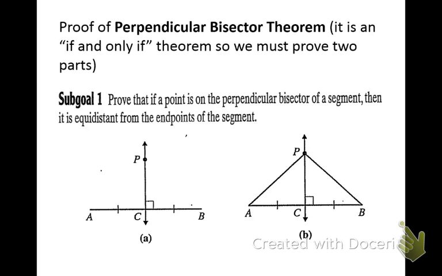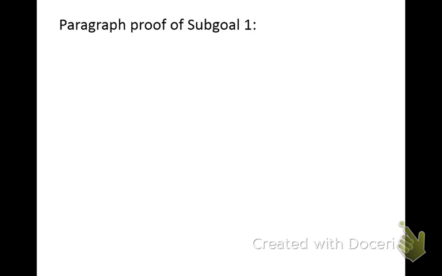Sub-goal 1. Prove that if a point is on the perpendicular bisector of a segment, then it is equidistant from the endpoints of the segment. So we have to show PA is congruent to PB in this picture. So we will do a two-column proof. It says paragraph, we're going to do two column.